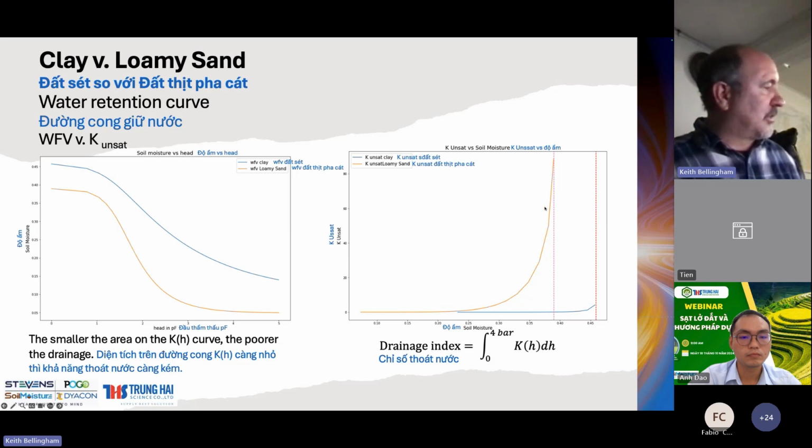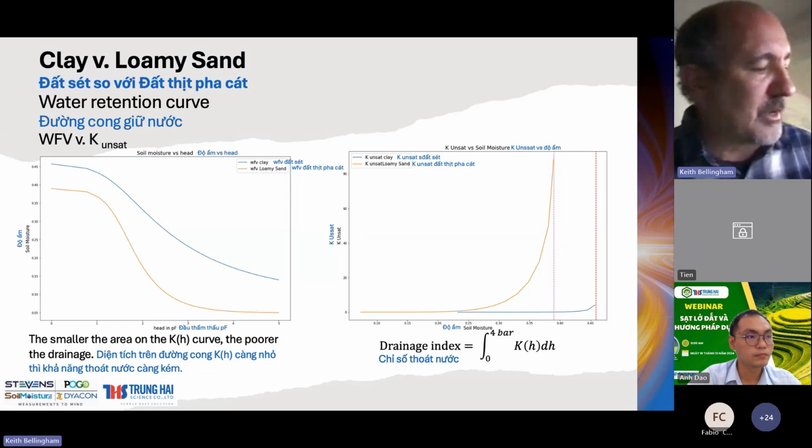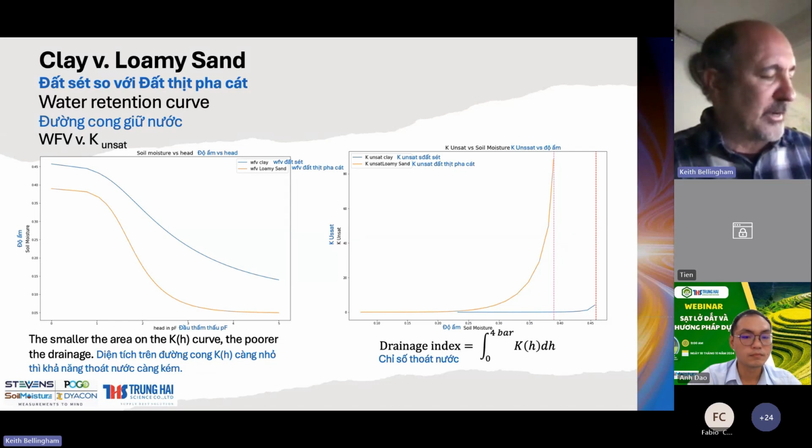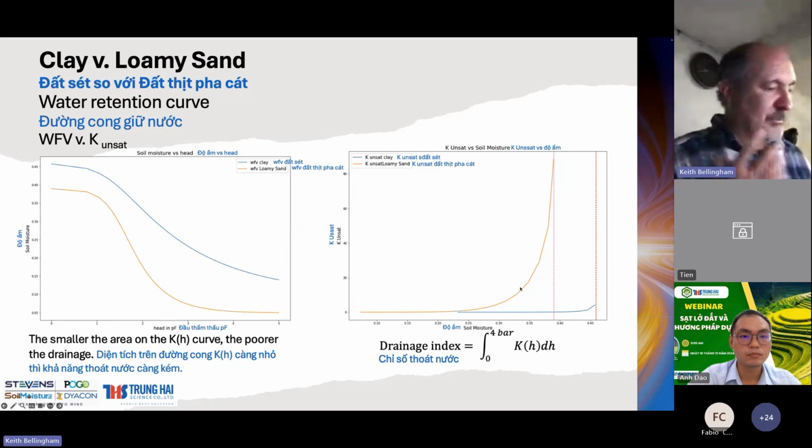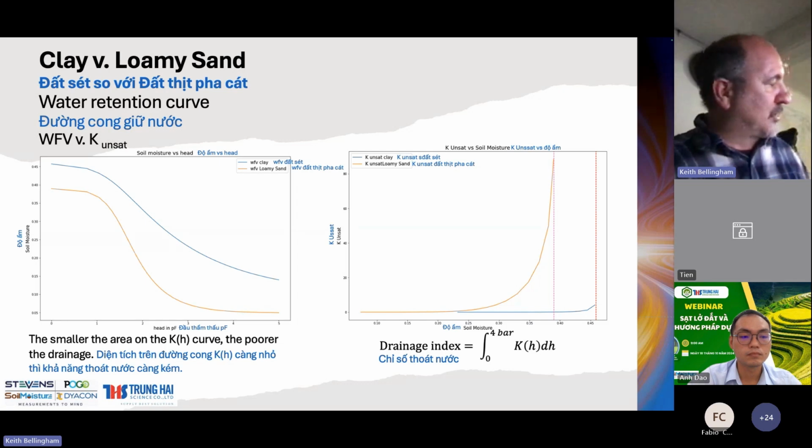unsaturated hydraulic conductivity. And so if you take the integral and take the area under these curves, the bigger the area, the better the drainage. And so as we see in these two graphs here, the area under the curve of the clay is very small, and the area under the curve of the sand is very, very big, saying that the drainage of the sand is much greater.